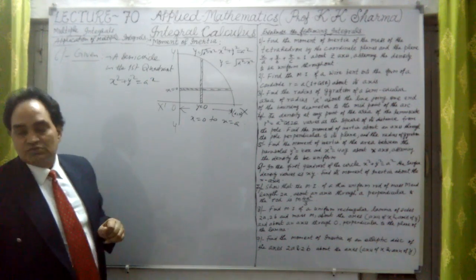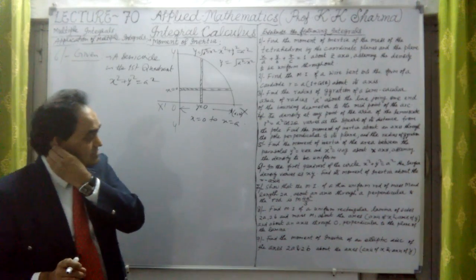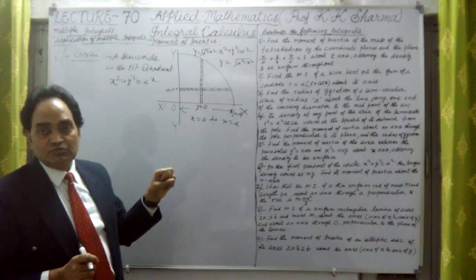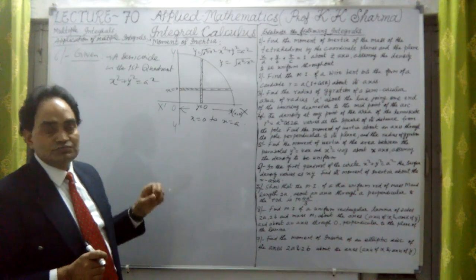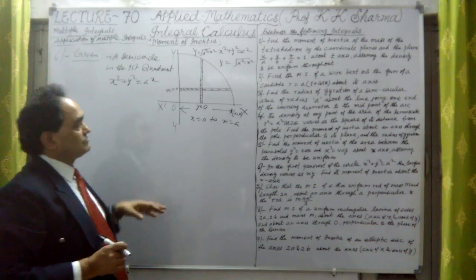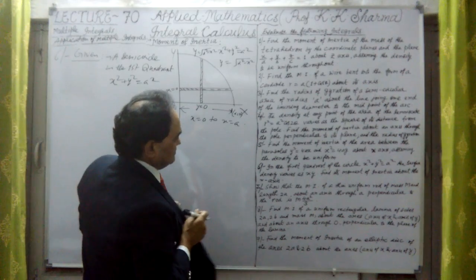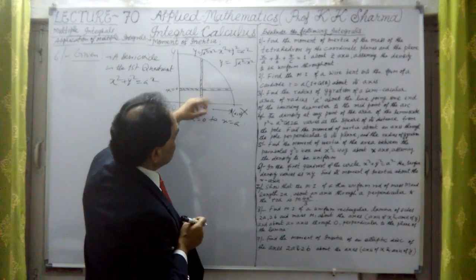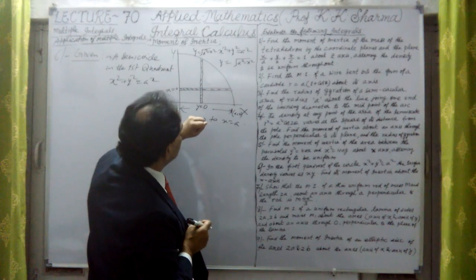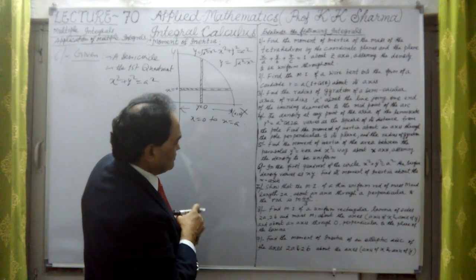This is the circle given to us. The area of the circle would be pi a square upon 2, half of the circular area, because a is the radius. Sorry, not area. We have to find this quadrant, the semicircular arc here.